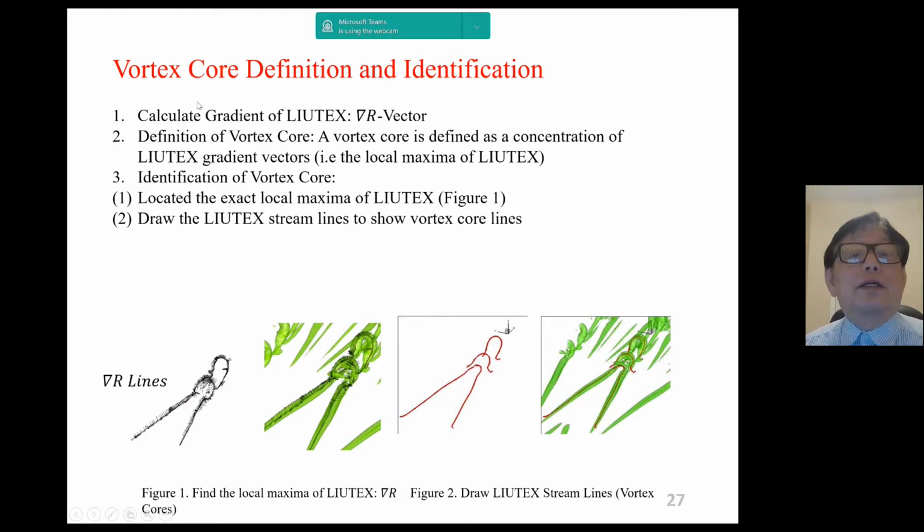How to do that? We first need to calculate the gradient of Nutex. Then we need a definition of the core line. The core line is defined as a concentration of the Nutex gradient vector, or we say it's a local maxima of the Nutex.